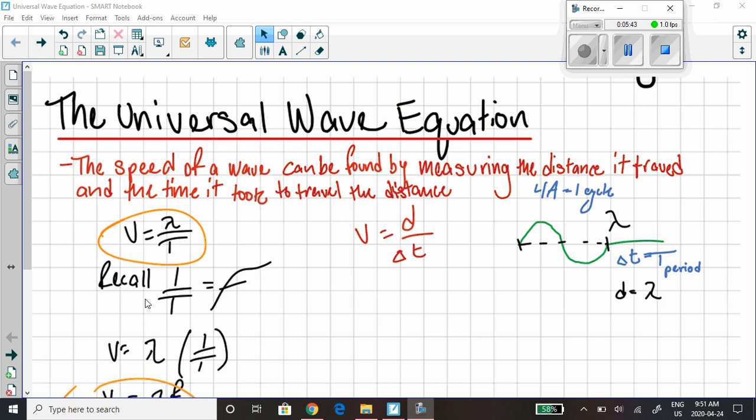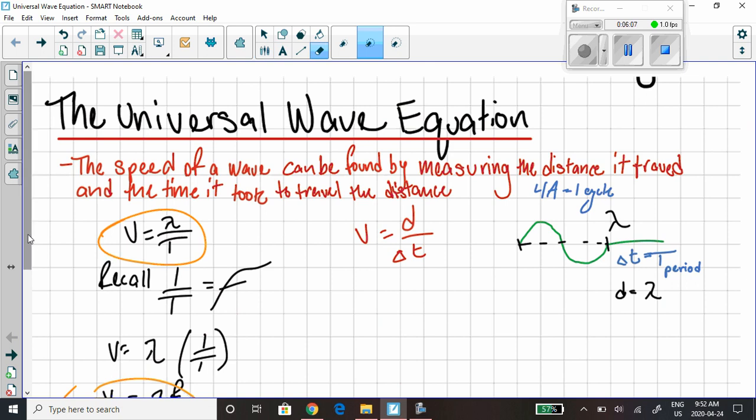Next, I want you to remember one of the things we discussed a while ago, that frequency and period were reciprocals of each other, or inverses. So that means 1 over period is equal to frequency. Remember that from our early definitions of frequency and period.